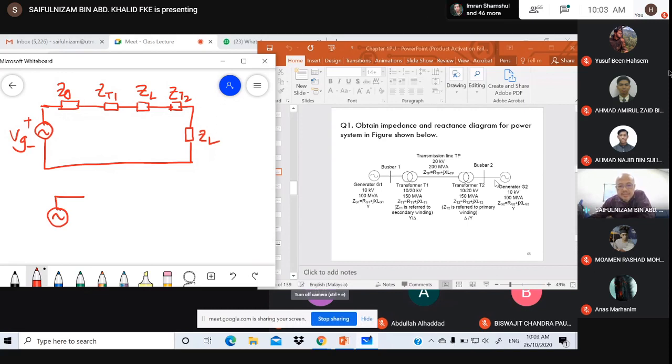For example, for the transformer, the magnetic circuit has been removed. This one is for the generator, and then the transformer, and then for the line, and then the transformer for generator 2.